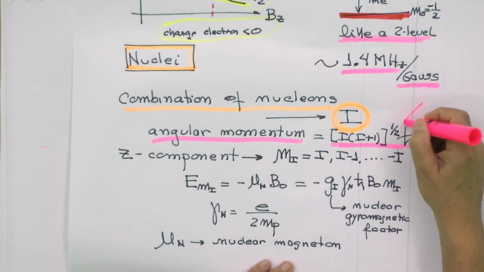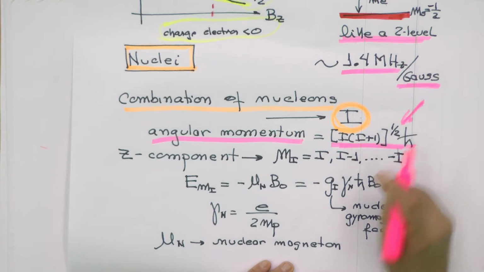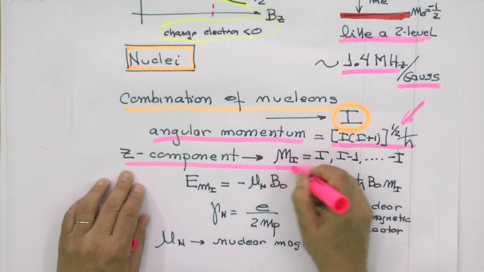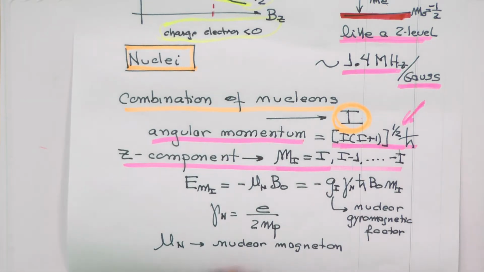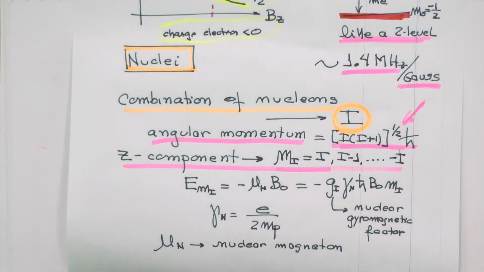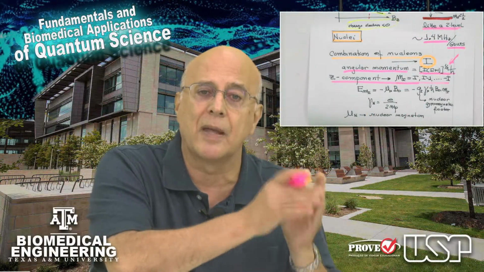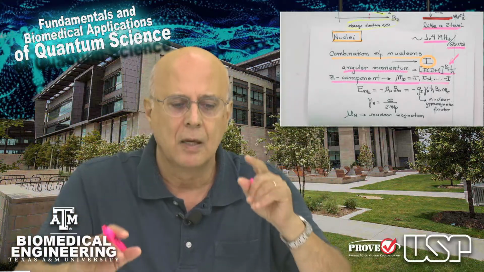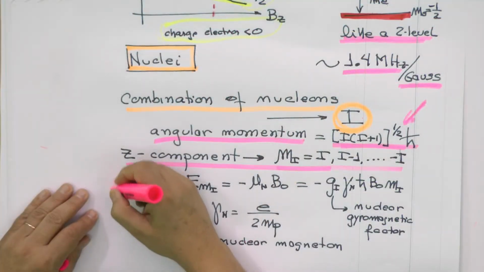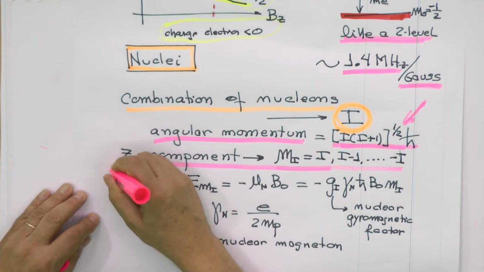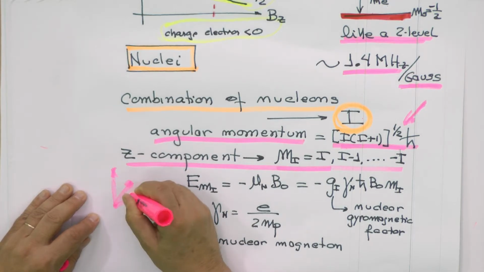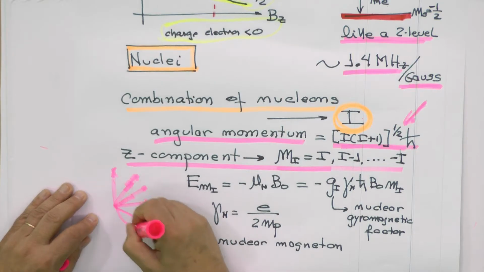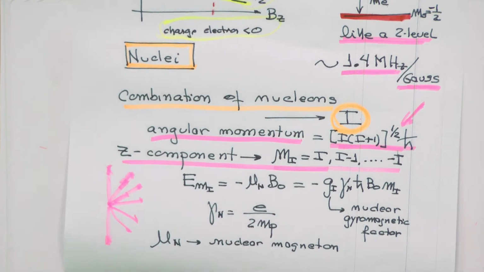This is the value of the angular momentum, and the projection of this can go from plus I to minus I, as I explained to you when we saw the angular momentum of the atomic orbitals. Exactly the same. So the projection of the total angular momentum of the nucleus comes with varying orientation, going from plus to minus.